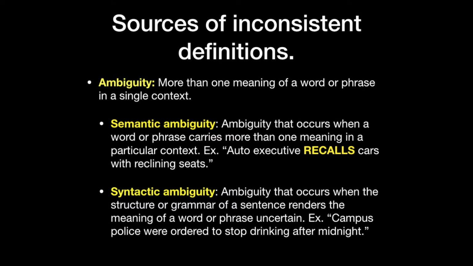But it can also be read that campus police were ordered to stop drinking after midnight, meaning that the campus police are the ones that have an issue with drinking after midnight. And then further, you could further complicate this by drinking. Does that mean drinking alcohol? Does that mean drinking soda? Does that mean drinking iced tea? What kind of drinking are we talking about? So this sentence is so ambiguous, it's not clear and it's not concise.